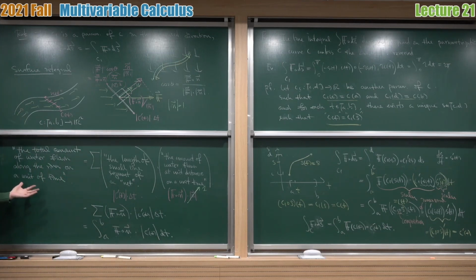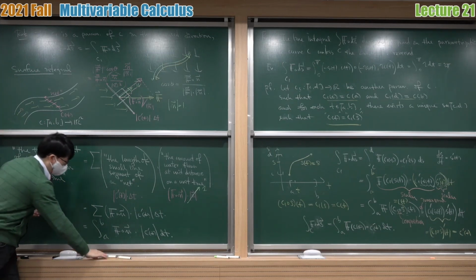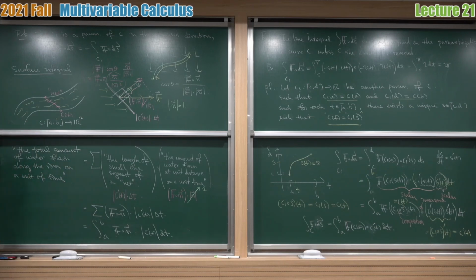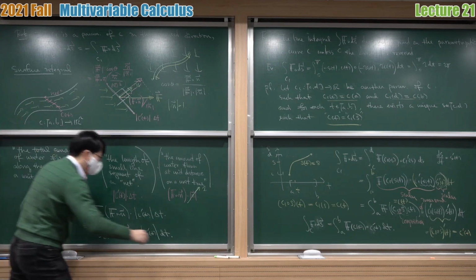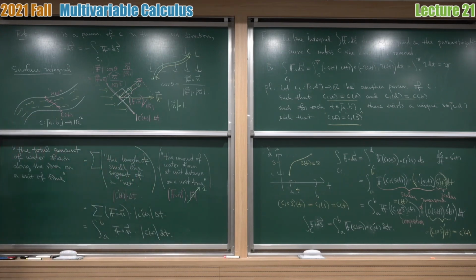So let's reinterpret what I have done. This measures the total amount of water flown through, but that means water doesn't expand or shrink in volume. Okay, so water is an incompressible material. So it should be the same amount whether I put my net this way or this way.